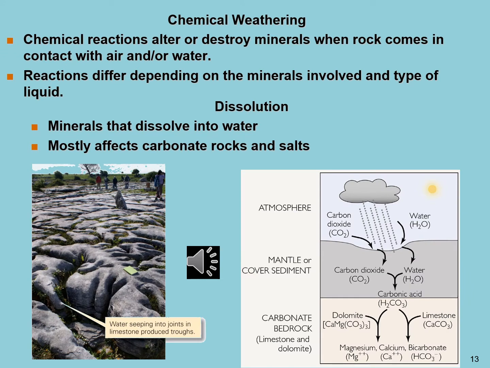Chemical weathering refers to the chemical reactions that alter or destroy minerals when rock comes in contact with water solutions or air. Common reactions active during chemical weathering include the following: dissolution, hydrolysis, oxidation, and hydration.